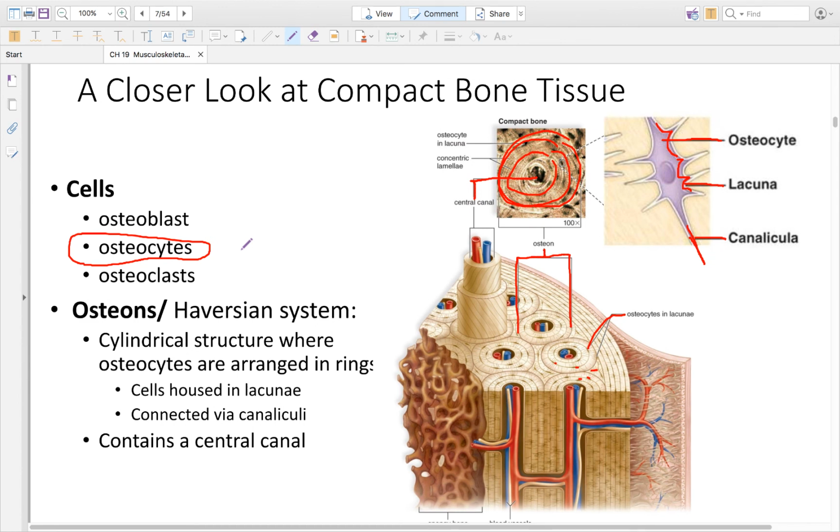Now, the major cells that we see with the bones are osteoblasts, osteocytes, osteoclasts. And the osteon itself is that entire unit right here. It's also referred to as the Haversian system. And ultimately, you want to know that anatomy.